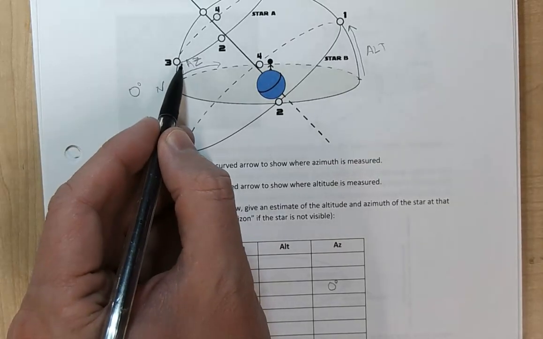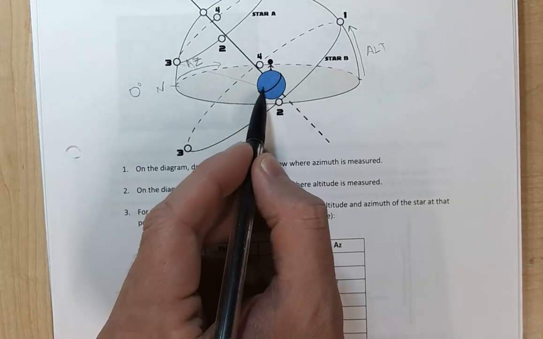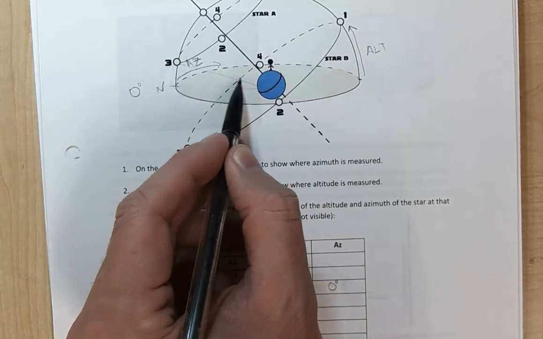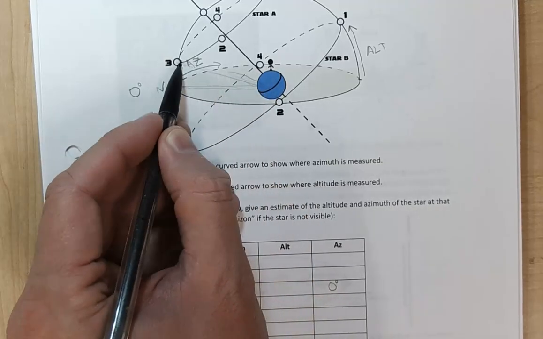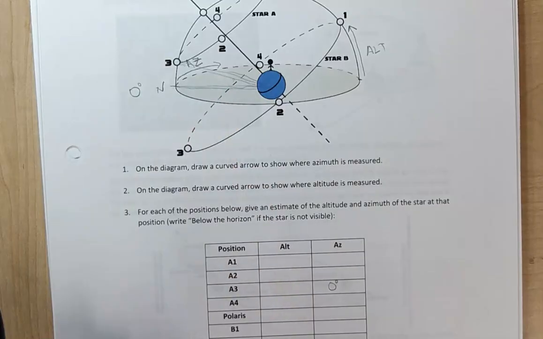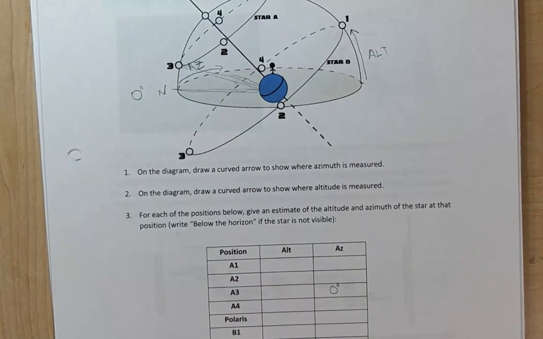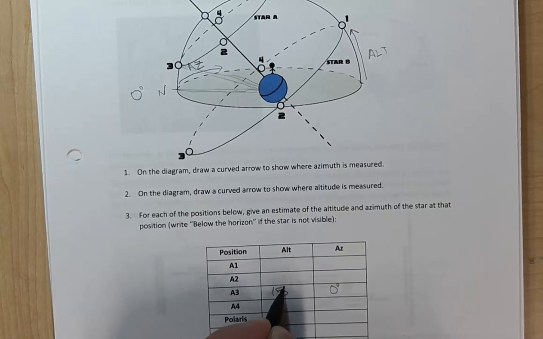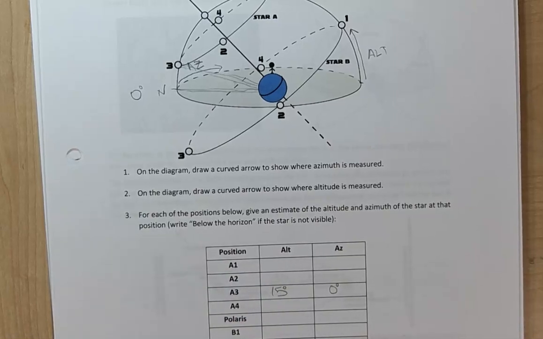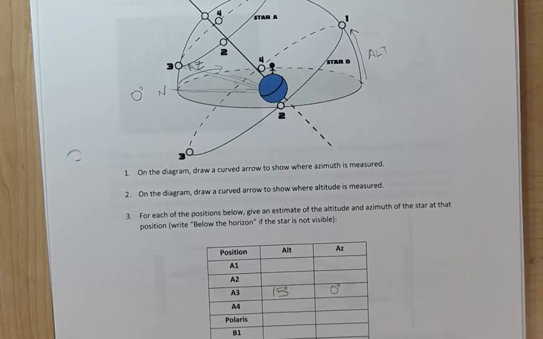Well, if you draw a line from the star to you, standing on the Earth, to the horizon, what does that angle look like it is? I'm going to estimate 15 degrees. If you got anything close to that, 15, 20, 25, you're in the right ballpark. Your answers might be a little different than mine, but they should be fairly close. I'm going to say 15.